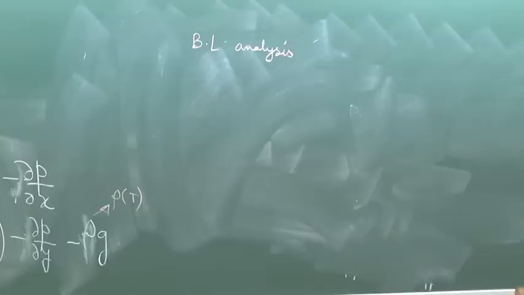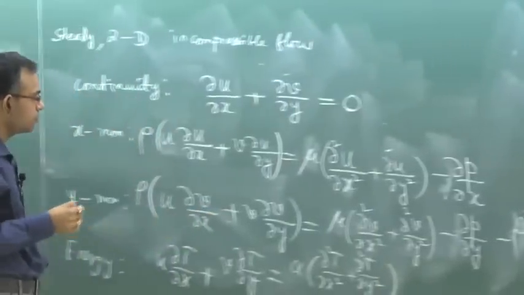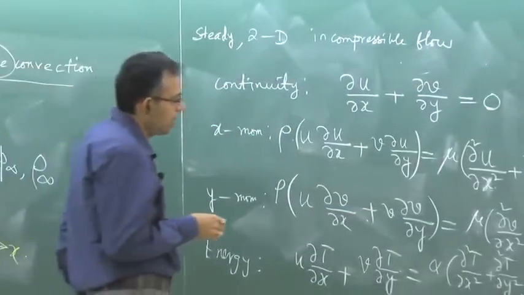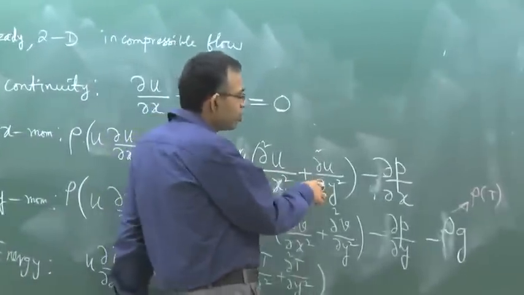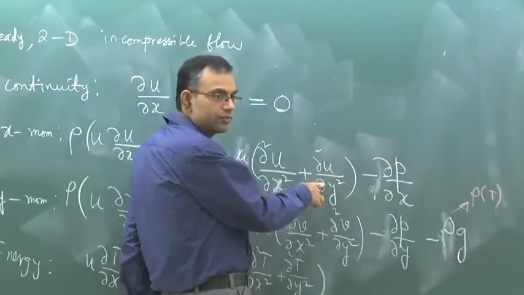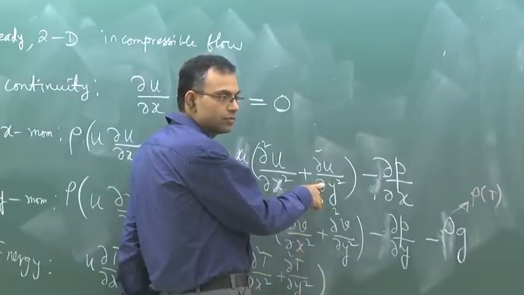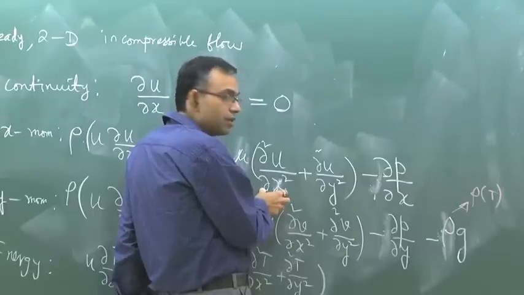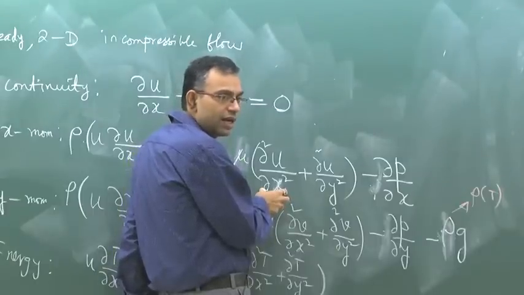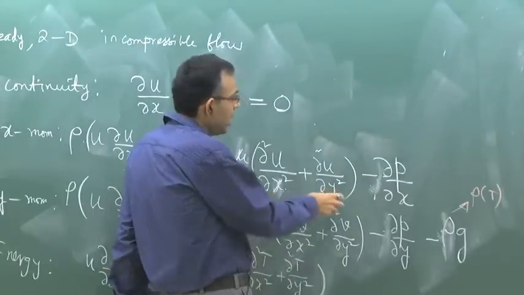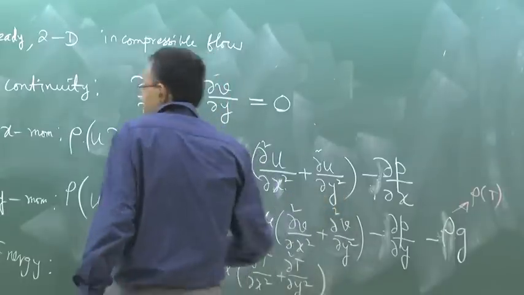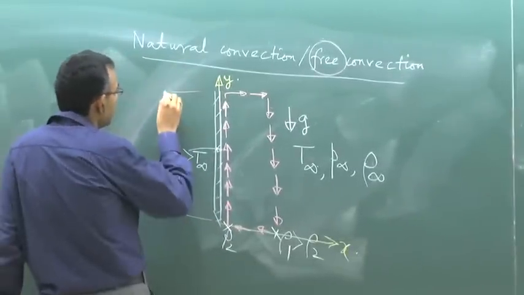So in the boundary layer analysis, first of all, out of these two terms, which term will be important? What is the x reference length scale? That is the boundary layer thickness. And what is the y reference length scale? That is the height of the plate. Right? Let us say height of the plate is h.